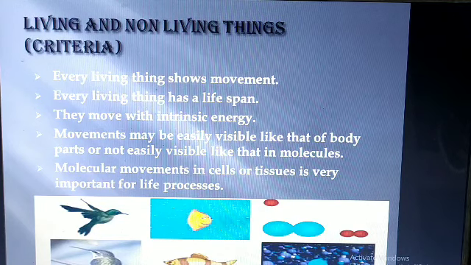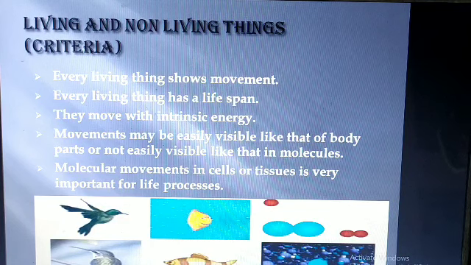Obviously, if you ponder upon this thing, you will get to know that they are living things. Living things are certain things which have actually the criteria which makes them living things.